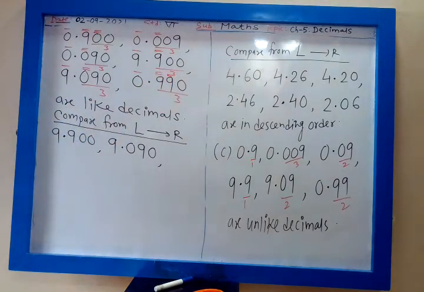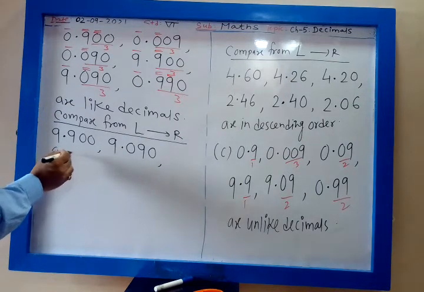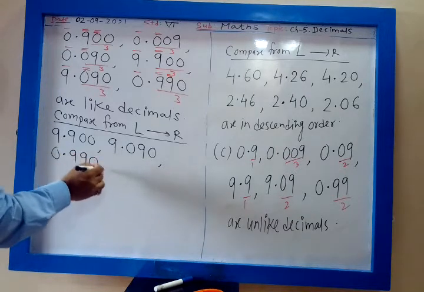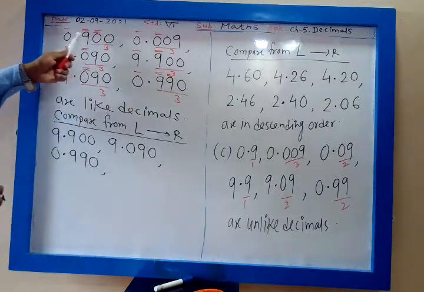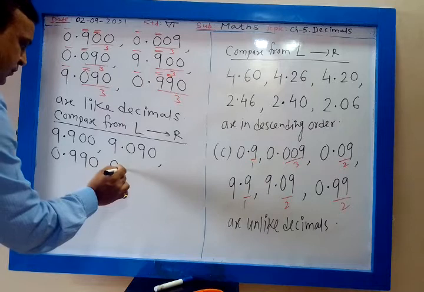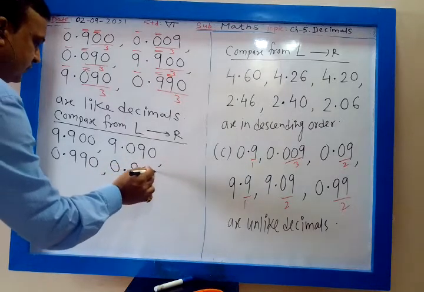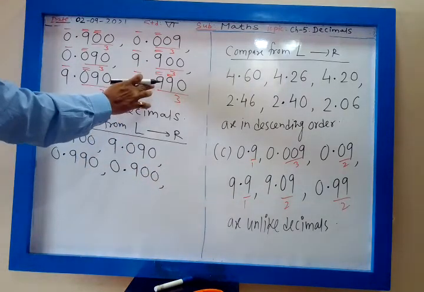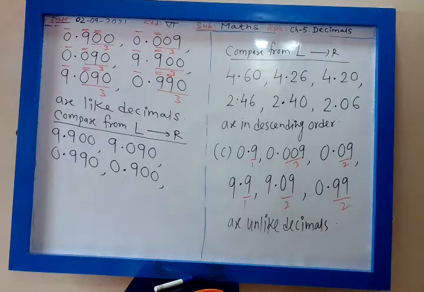So 0.990, after that 0.900. These two we have covered.